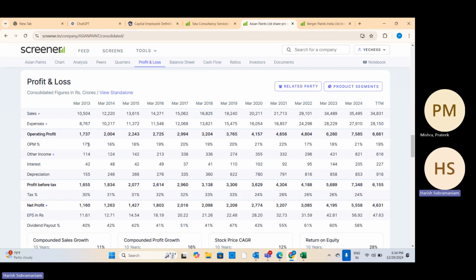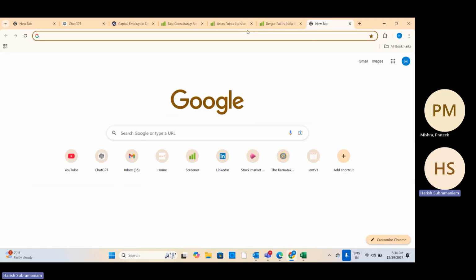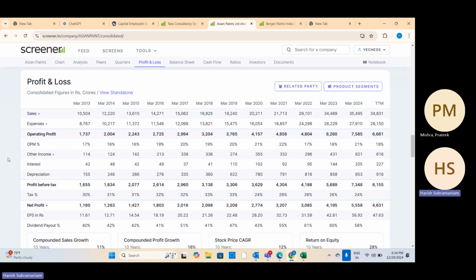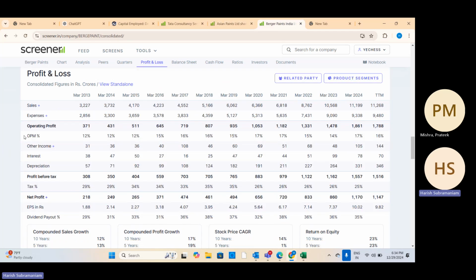Asian Paints is at about 16% at the bottom, went up to about 22%, and now it's come to 19%. So Asian Paints typically has a slightly better operating profit margin as compared to Berger Paints.